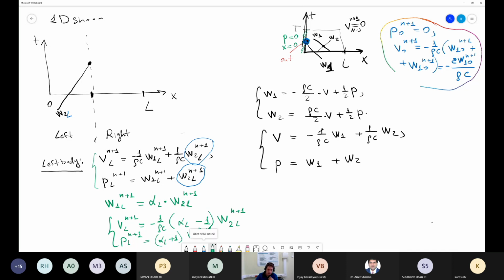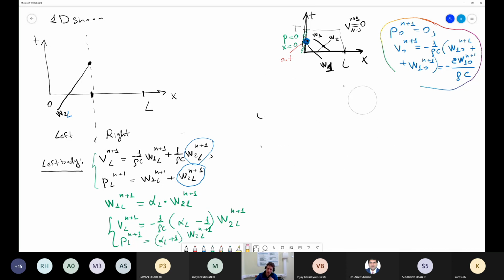What we can do, we can write the same system for the right part of the domain. Here we used only the left part of the domain, and let's use the right part of the domain.